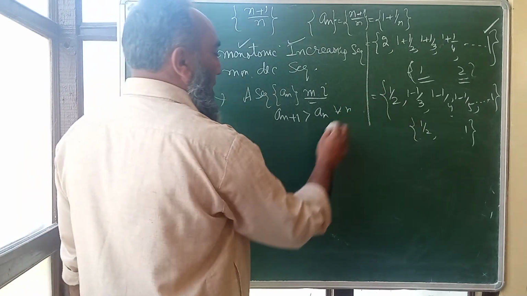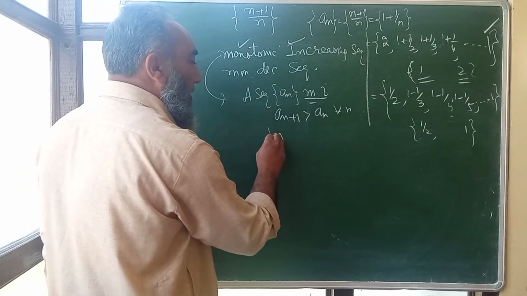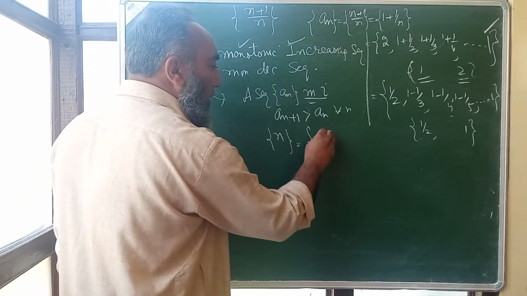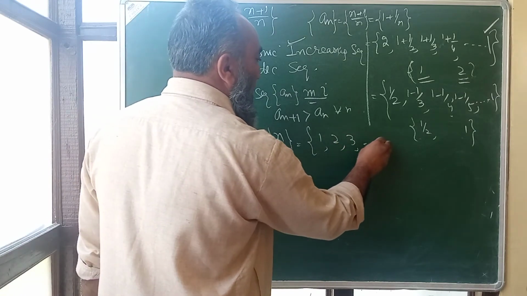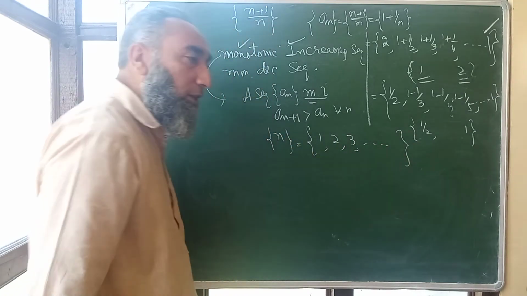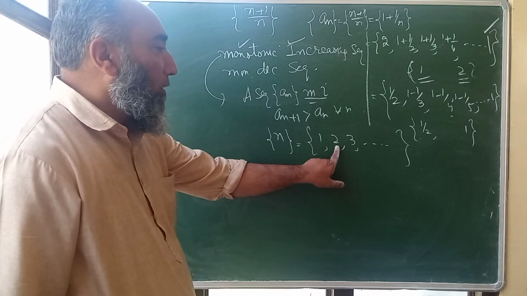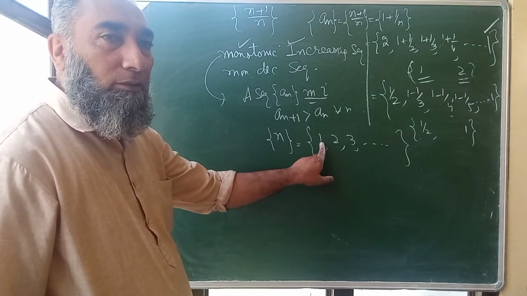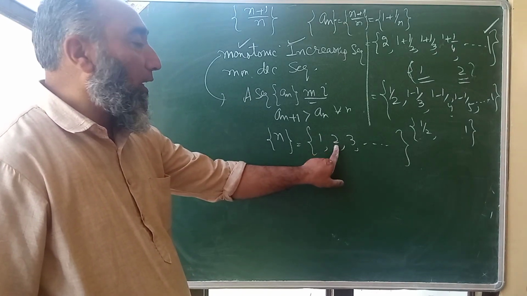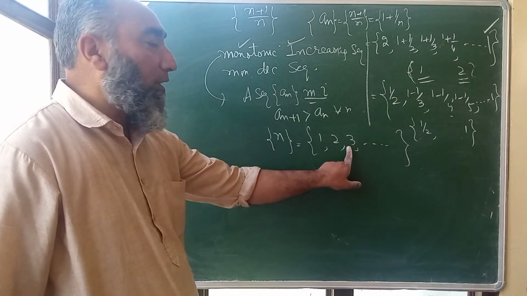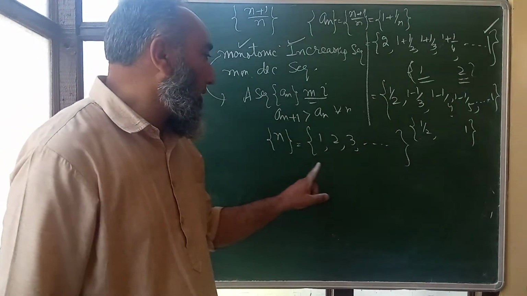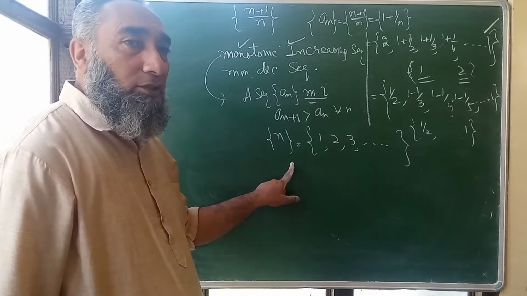For example, the sequence n: 1, 2, 3, 4, and so on. Is it monotonic increasing? Yes, because the second element is greater than the first, the third will be greater than the second, the fourth greater than the third, and so on. This is a monotonic increasing sequence.